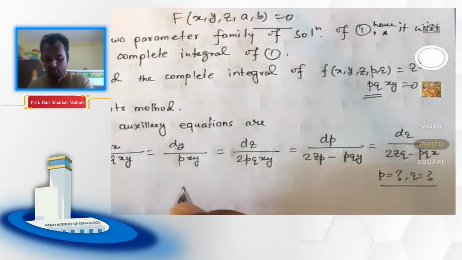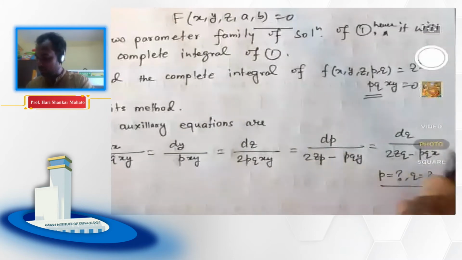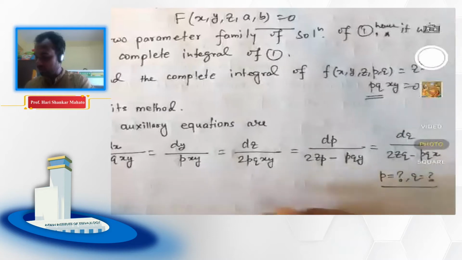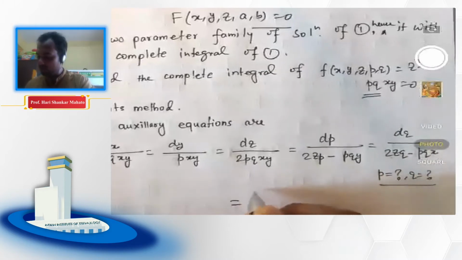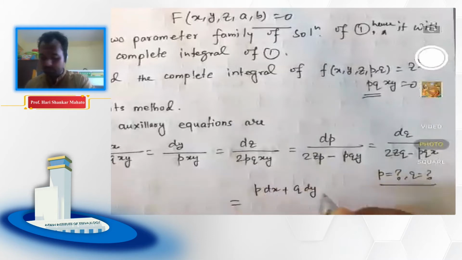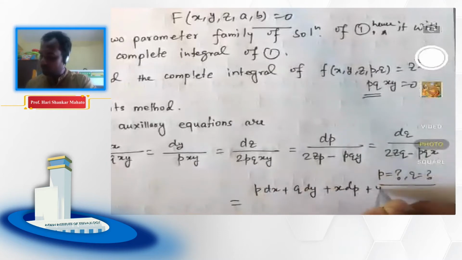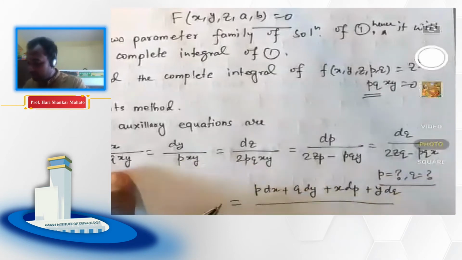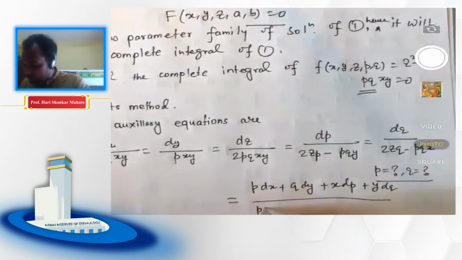So I will write all these fractions equal to (p dx plus q dy plus x dp plus y dq) divided by, so we are multiplying p dx, so this is pqxy.